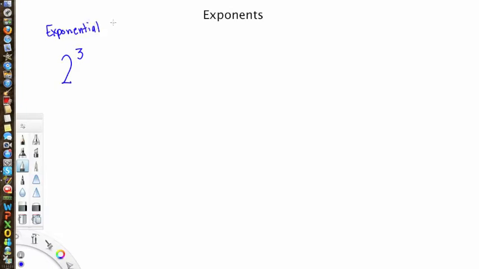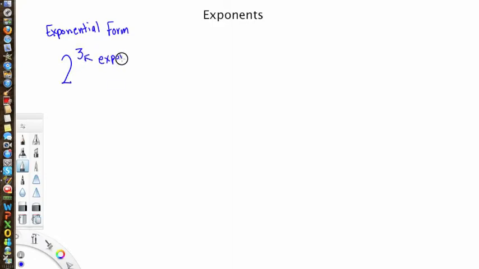Let's look at a sample exponent. It's 2 to the third power. Now, the way this expression is written, it's written in exponential form. And the 3 here, this is actually the exponent.